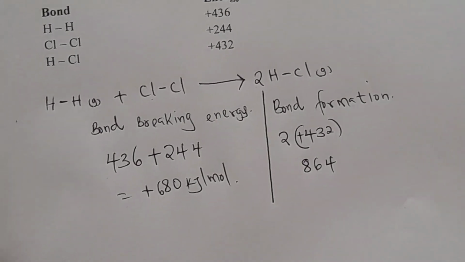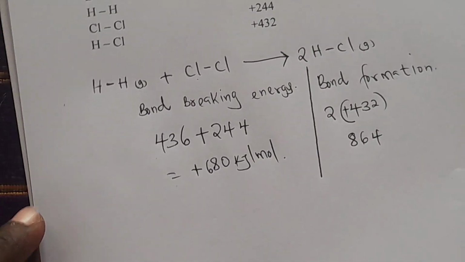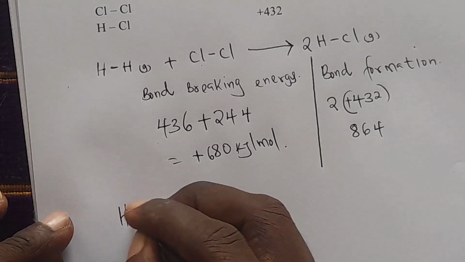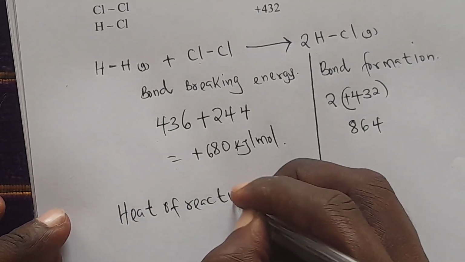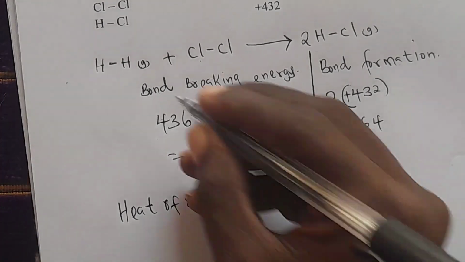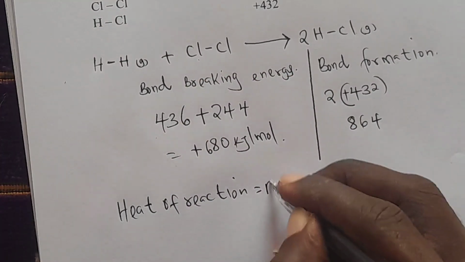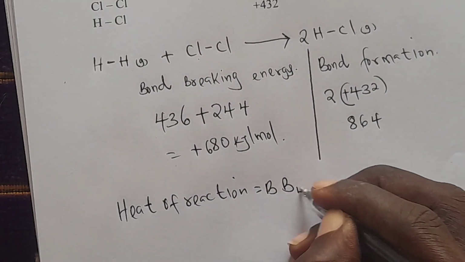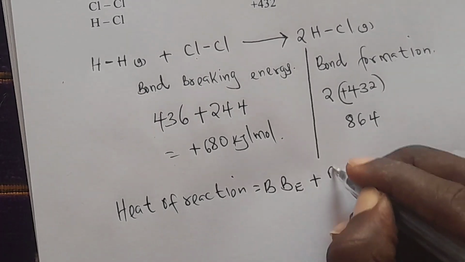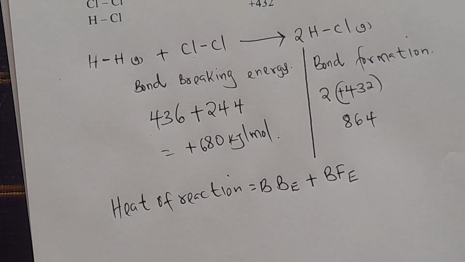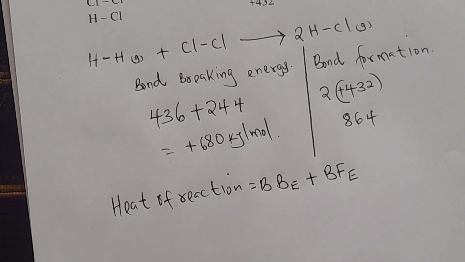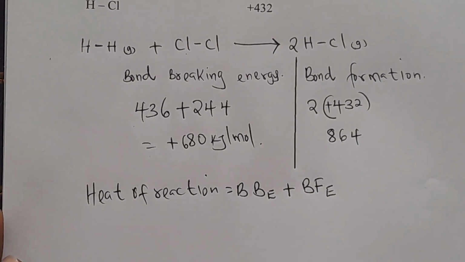Okay, let's now get the heat of a reaction. Heat of reaction is given by bond breaking energy plus bond formation energy. Remember, bond breaking energy is positive because that's an endothermic process, and the sign for an endothermic reaction is positive.